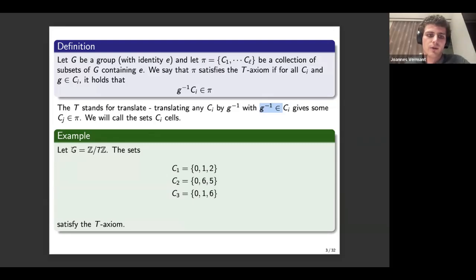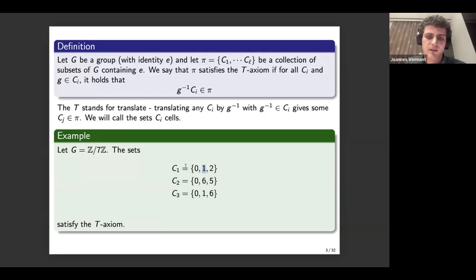Let's say that we have the group Z_7, the integers modulo 7. Then we can take 3 cells. We can take, for example, C_1 = {0, 1, 2}, C_2 = {0, 6, 5}, and C_3 = {0, 1, 6}. And then we can verify that if we take, for example, this cell C_1, we see that the element 1 is inside of the cell. So translating by -1 should give another cell.